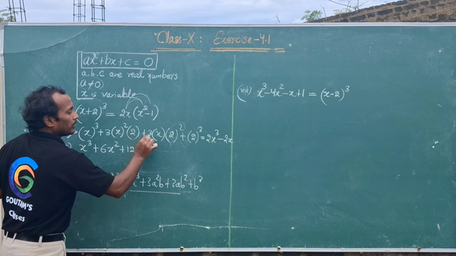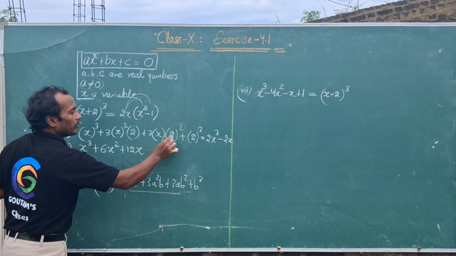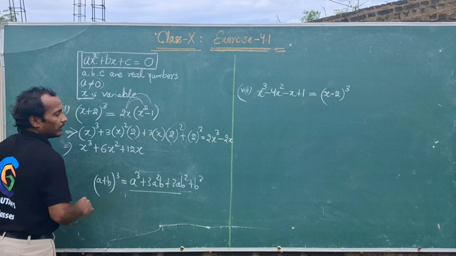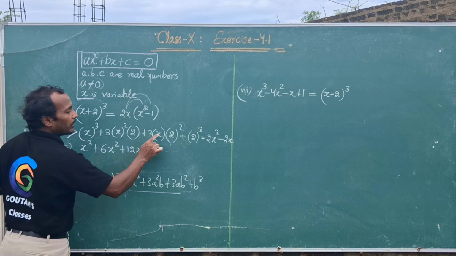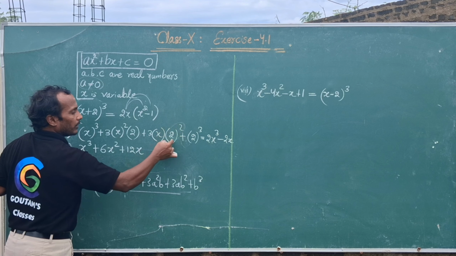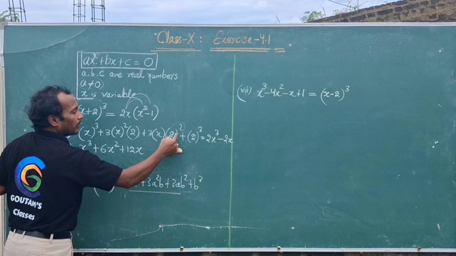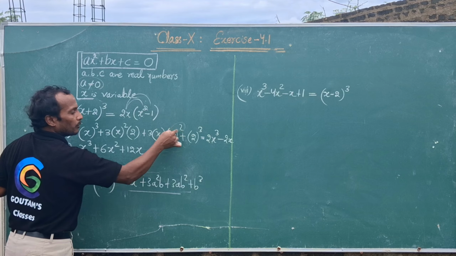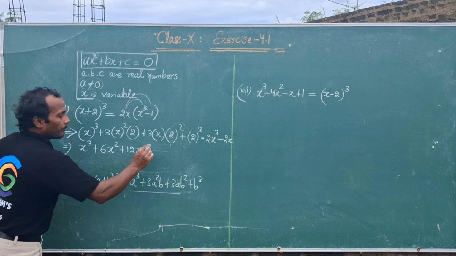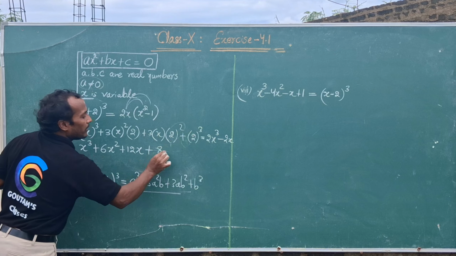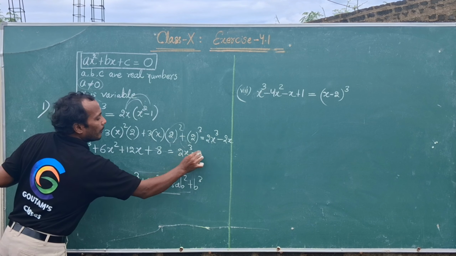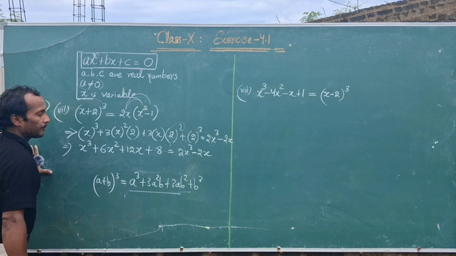So 2 square is 4, 4 into 3 gives you 12, and then x. This is the right process. Don't multiply 2 and 3 first when 2 already has a power. You have 12x. 2 cube is 8 equals, we have 2x cube minus 2x.